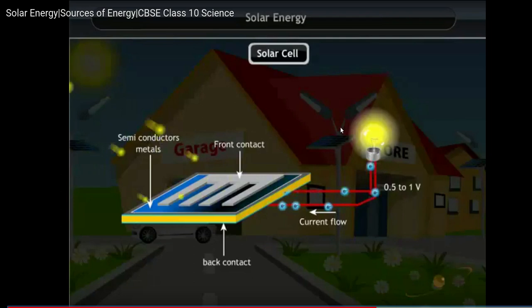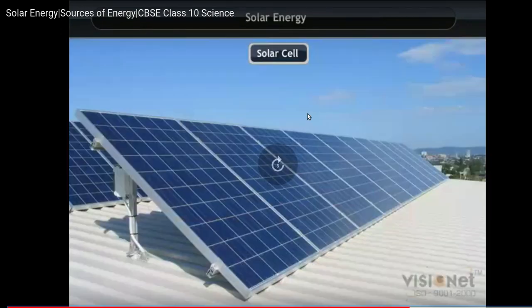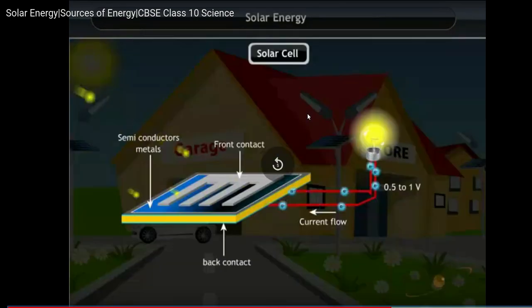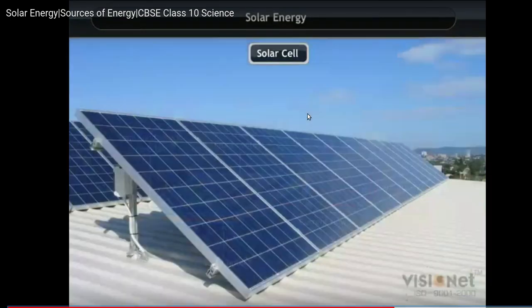That is why we need multiple solar cells to create any considerable amount of energy. As you can see, these massive solar panels are kept on the roofs of houses, where they can be used to get electricity for the house.